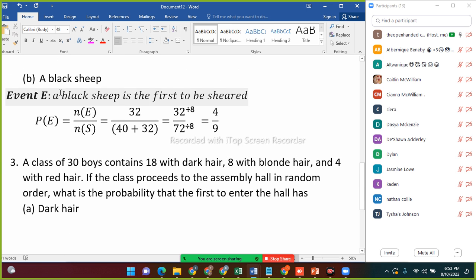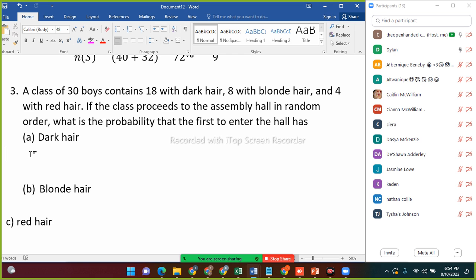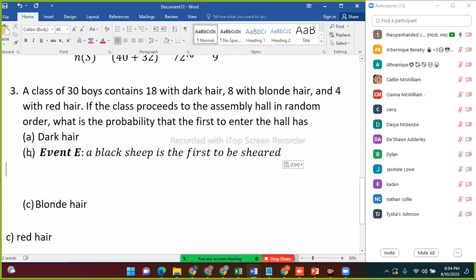So we're going to begin with the event. Dylan, help me with this. What is my event? I just want the event in words.